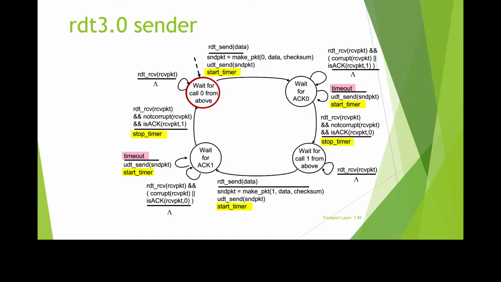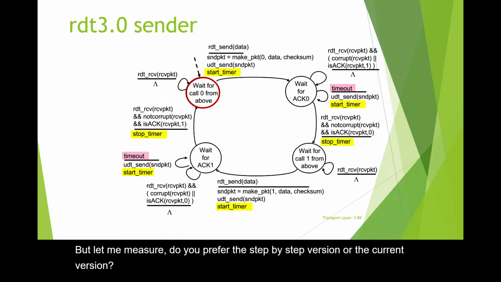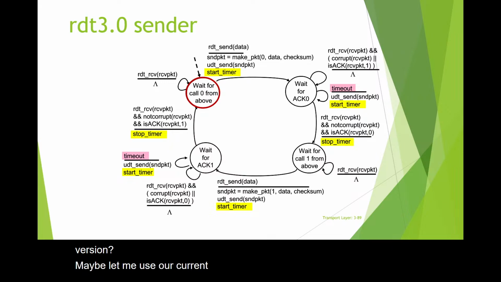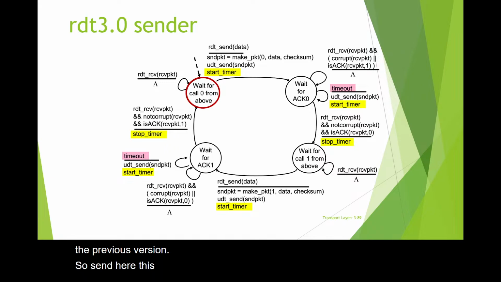So I have the complete version, but let me make sure: do you prefer the step-by-step version or the current version? Maybe let me use the current version, and if I don't think so, then I go back to the previous version. So here, this is the sender with sequence number 0.